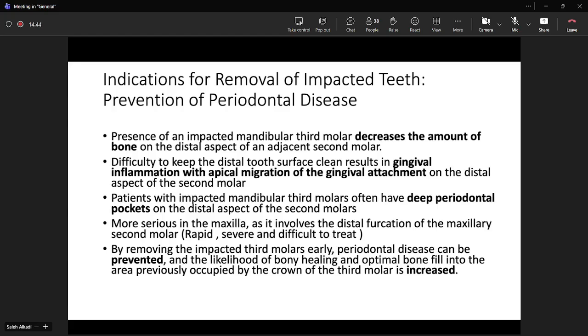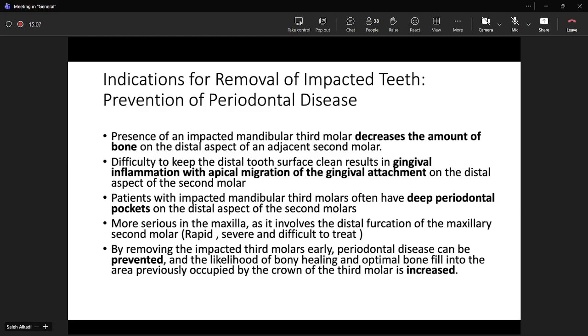So the loss of attachment will be rapid, severe and difficult to treat. So if we remove this third molar early, periodontal disease could be prevented, and the likelihood of bone healing and bone fill in the area previously occupied by the crown of the third molar will be increased.